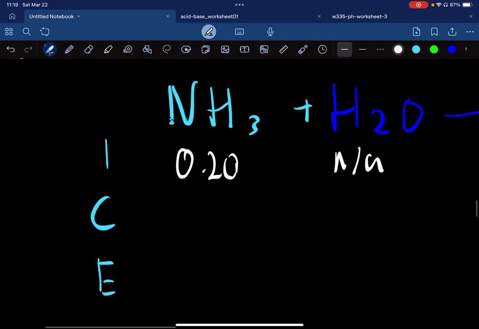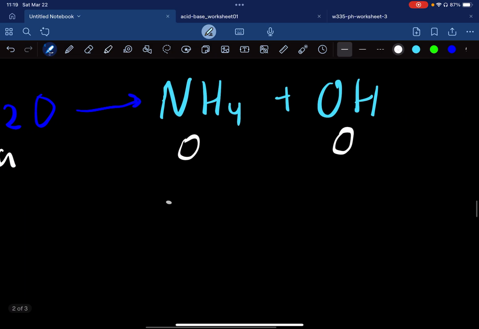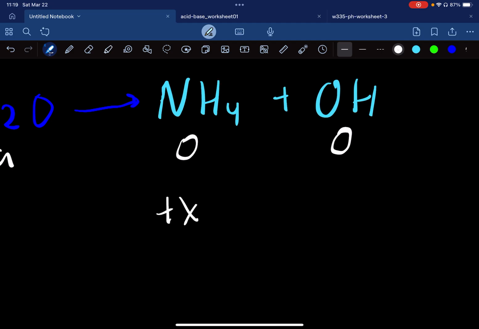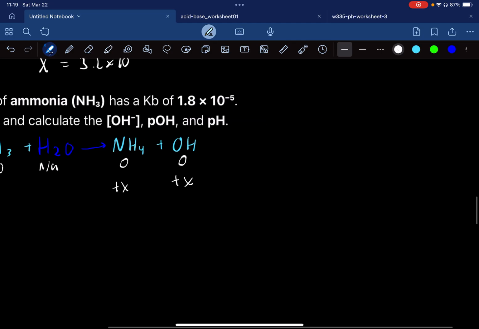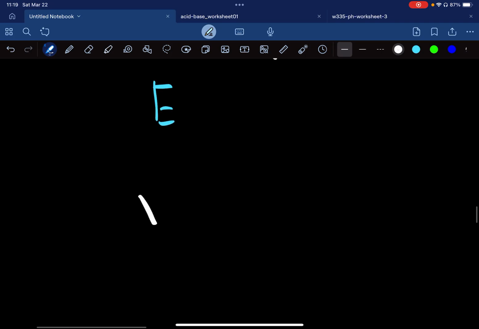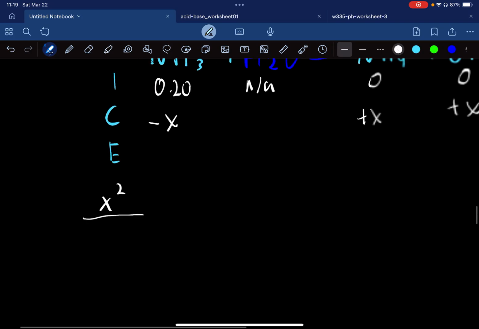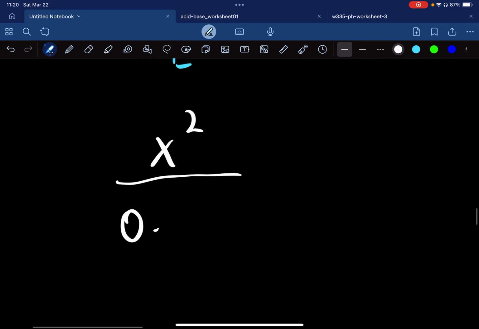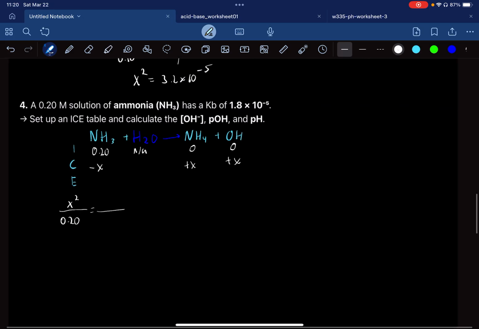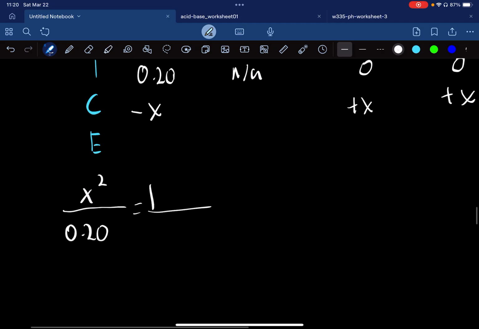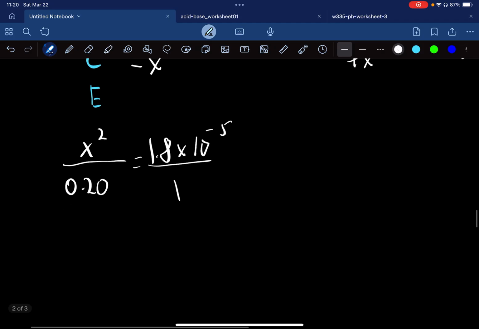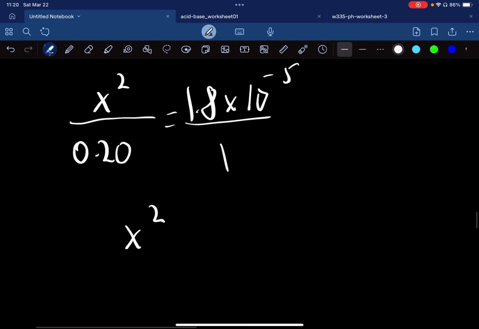So we're gonna minus some X, don't care about H2O, plus some X and plus some X. Again, same deal, X squared. Assume that X is negligible, over 0.20 is equal to the constant 1.8 times 10 to the power -5 over 1.